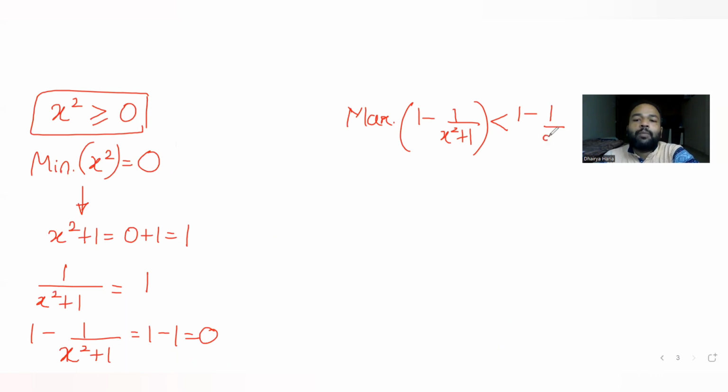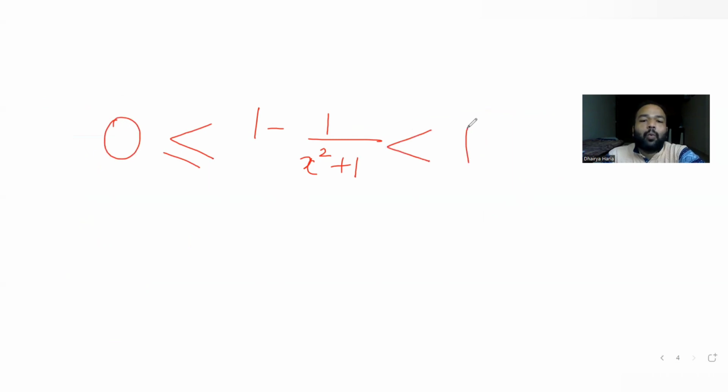So 1 upon infinity is 0, giving 1 minus 0. So we get a determined form of answer. I get the maximum value of this expression to be less than 1. So if I write the range for the entire expression, 1 minus 1 upon x square plus 1 is greater than or equal to 0 but less than 1.